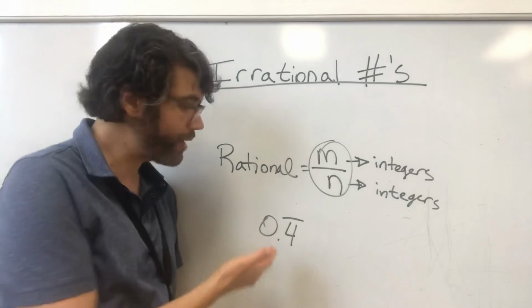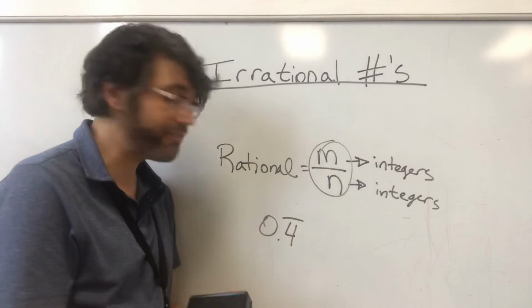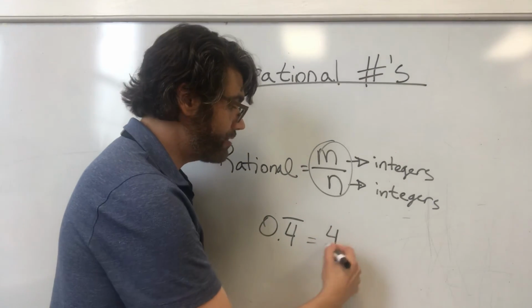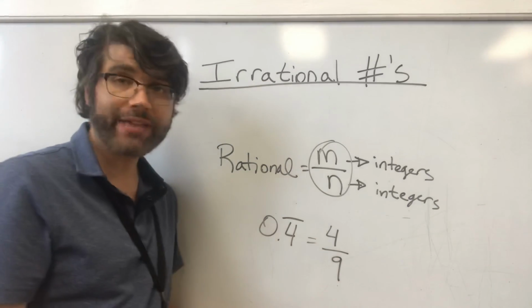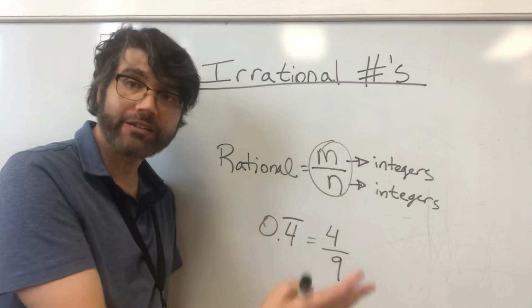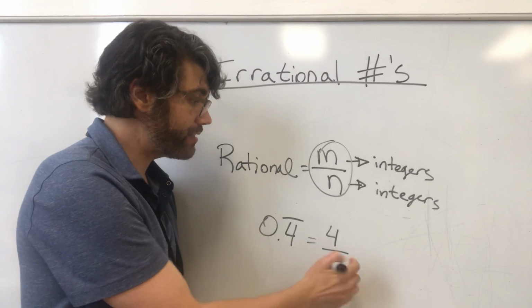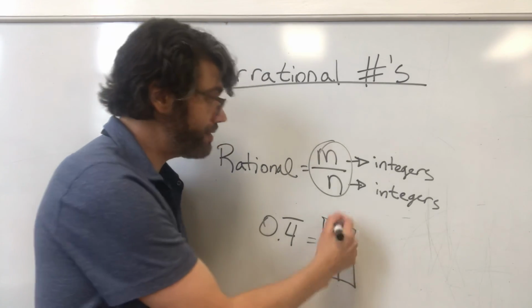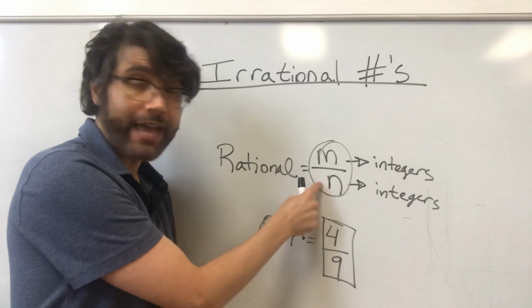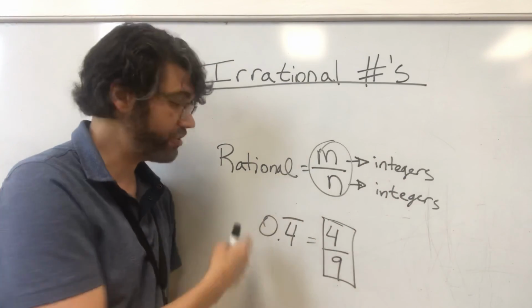If you're curious what 0.4 repeating is as a fraction, it turns out it's 4/9. And there's a way that I could show you how to do that in another video, but suffice it to say, this is equivalent to this. 4 over 9 is an m over n, integer over integer, so this is totally rational.